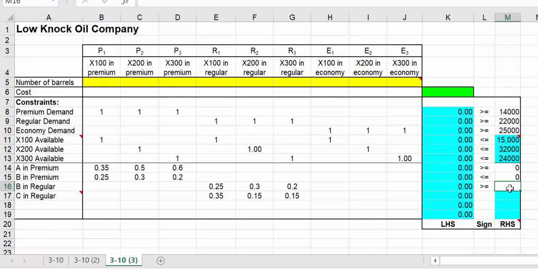So this would be equal to 0.25 multiplied by the amount of regular that we're going to produce, which is right here. You can see that that's the regular. This is what we produce compared to what the customer wants. So 0.25 of that, what we produce, should be composed of the amount of B that is in regular.